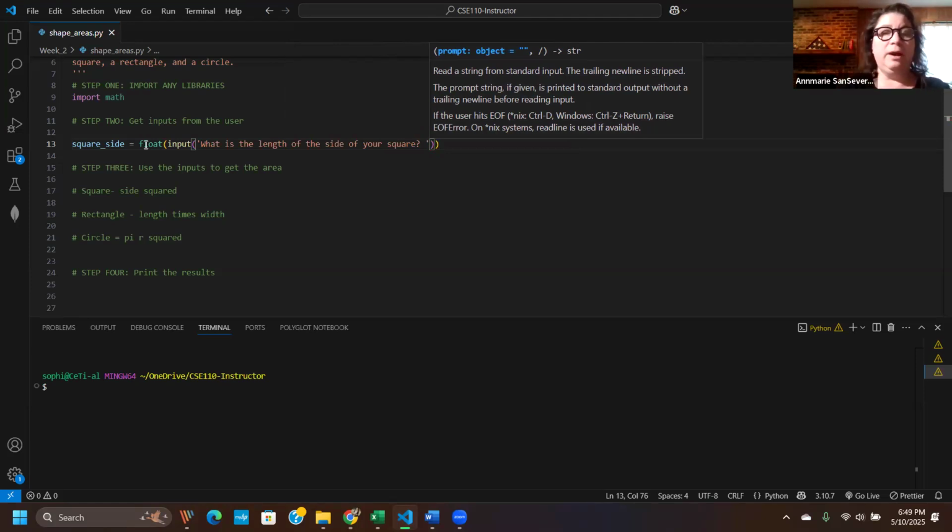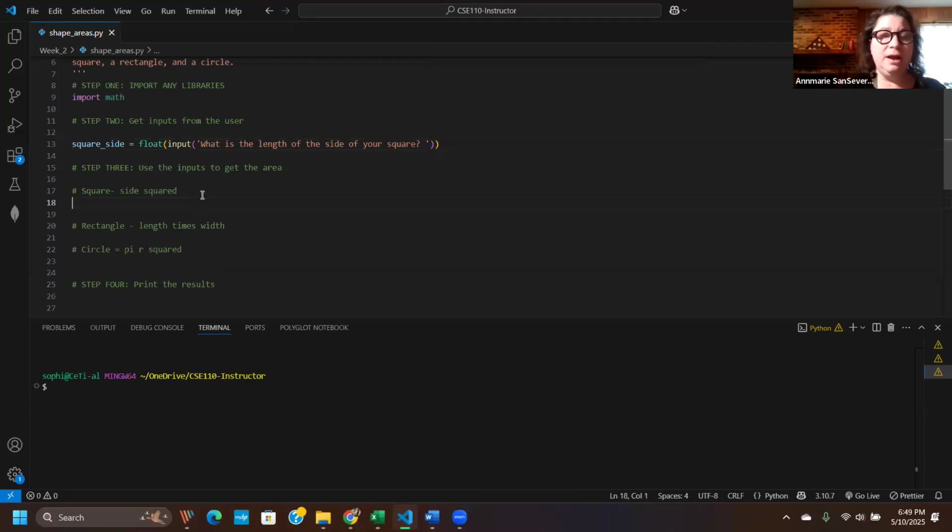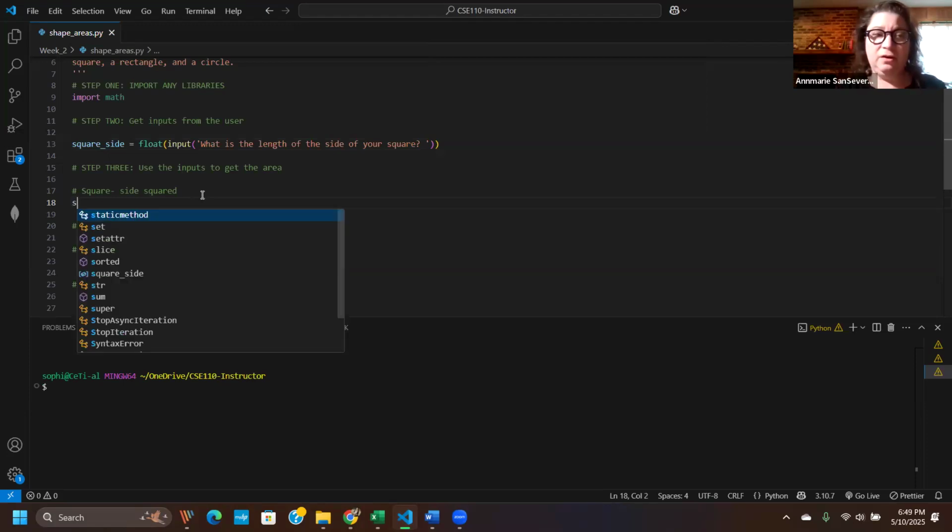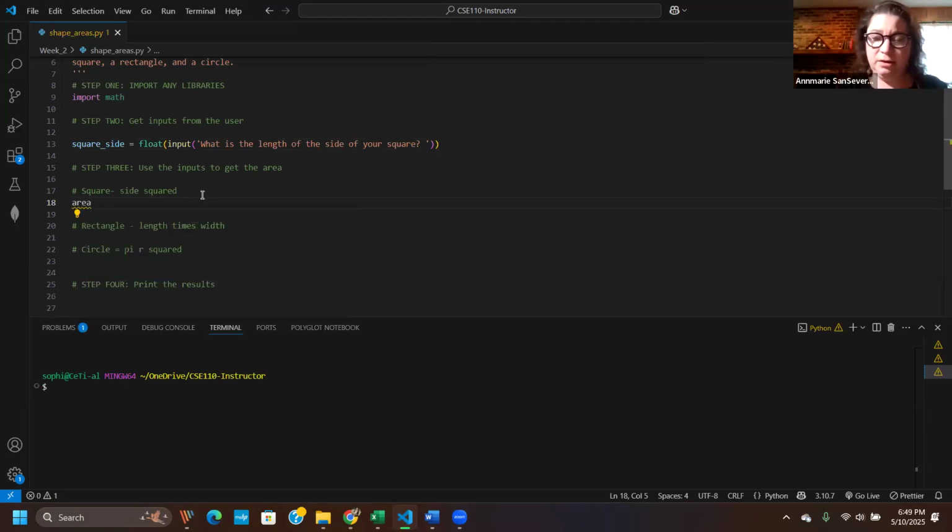Then I'm going to test just the square first. So I'm going to go down to step 3 and do the math. We know that that is side squared. So I'm going to put area square equals, then my variable square side. And if you recall, we're going to use our exponent, double asterisk 2.